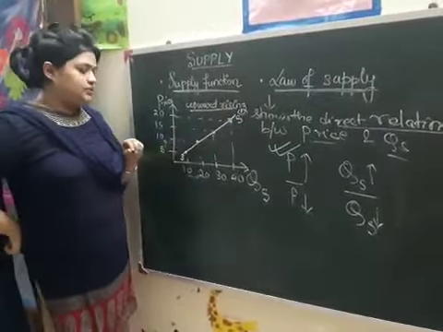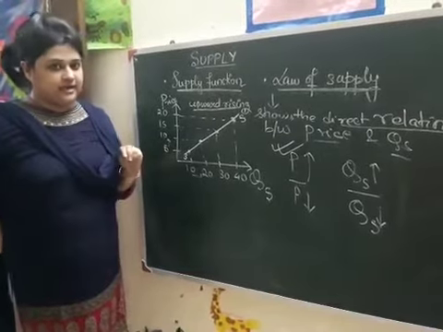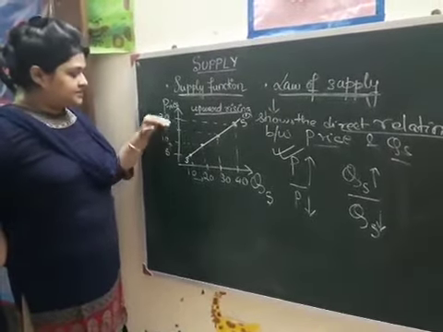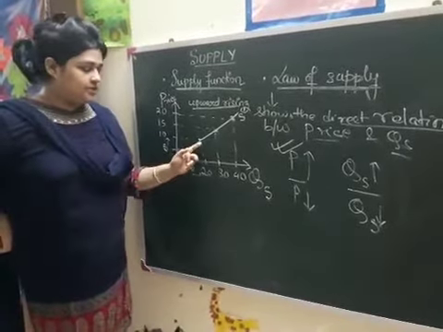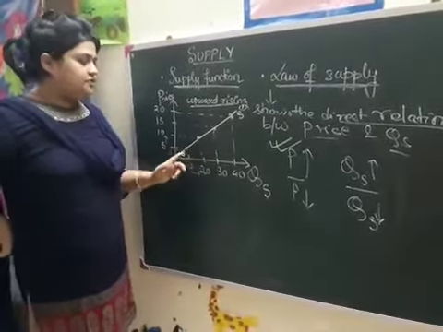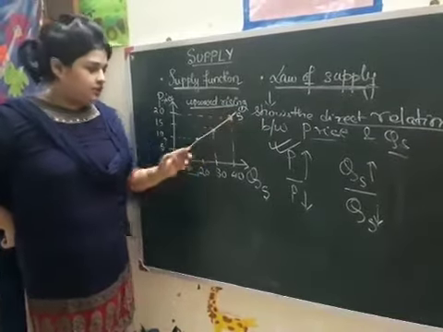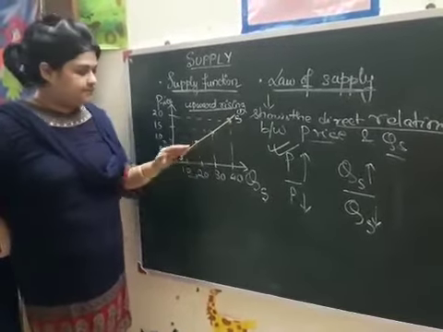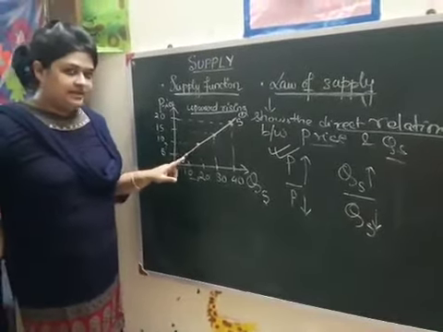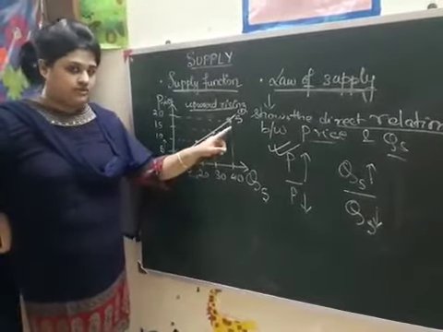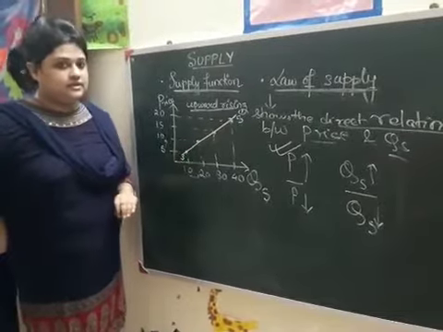The law states that price and supply are directly related, so when price increases, supply also increases. And we are plotting the individual points, and if we join the points, the locus of all these points, the line that touches all these points, is known as the supply curve.